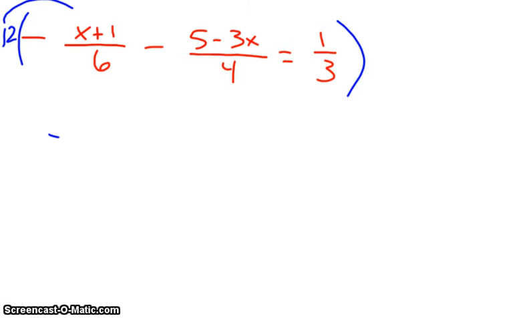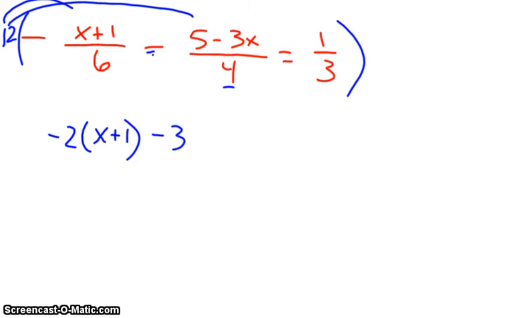So I'm actually going negative 2 times x plus 1. On the next one, 12 is being divided by 4, so that's only 3 left. So that's negative 3, because I do have that negative sign over here. So negative 3 times 5 minus 3x. Then in my final one, equals, I'll put the 12 here, and 12 divided by 3 is 4 times 1 is 4.